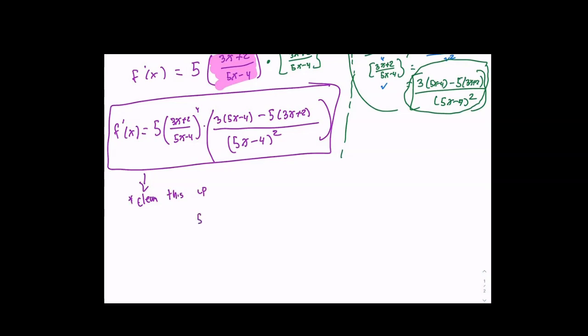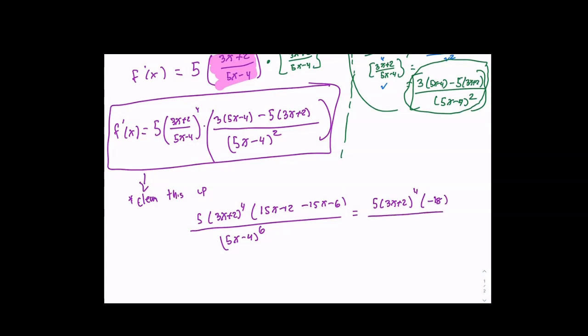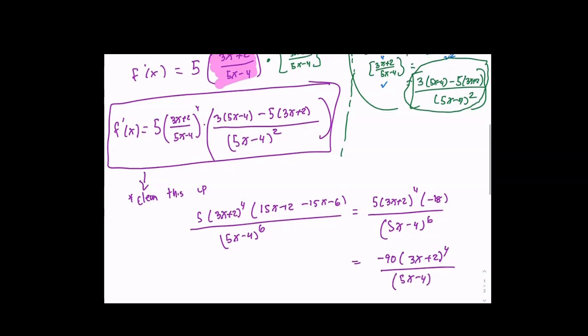In cleaning it up, I would get 5 times 3x plus 2 to the 4th power times, what is that, 15x minus 12 minus 15x minus 6 all over 5x minus 4 to the 3rd power, to the 7th power, well, to the 6th power, sorry, which gives me 3x plus 2 to the 4th times negative 18 over 5x minus 4 to the 6th power, which gives me negative 90 times 3x plus 2 to the 4th power over 5x minus 4 to the 6th power.